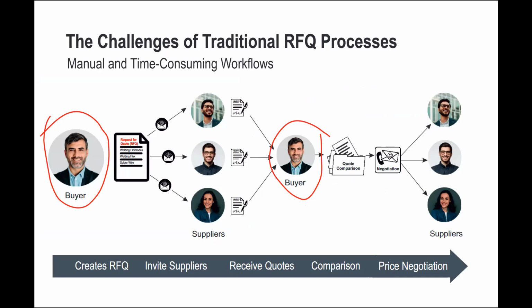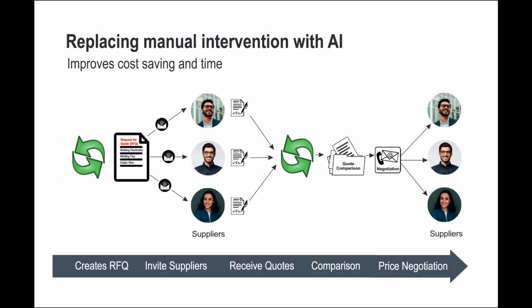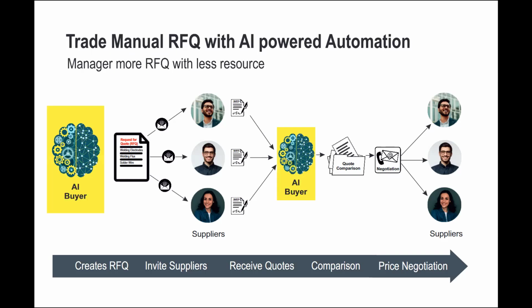So these are the two areas where we are going to introduce AI, and AI will assist the buyers right from RFQ creation to the negotiation part. That will be completely assisted by the AI tool.